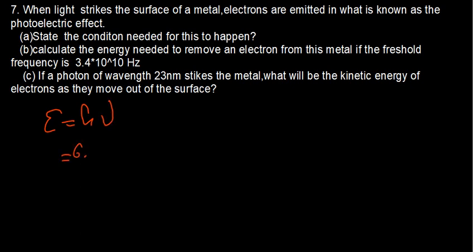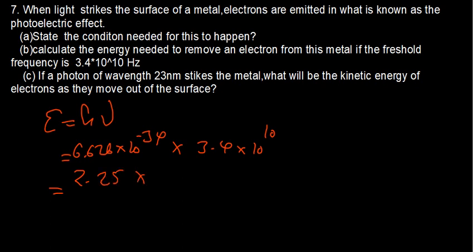Planck's constant, that is 6.626 times 10 to the power negative 34, multiplied by the frequency we've been given as 3.4 times 10 to the power 10. We should be able to get a value of 2.25 times 10 to the power negative 23 joules.